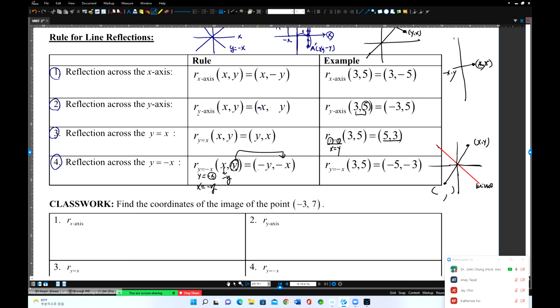Anyway, they have to switch. But the idea is what? Switch, and both numbers negative. Switch x and y, 5 and 3, and take the negative of both. That's it. Okay?